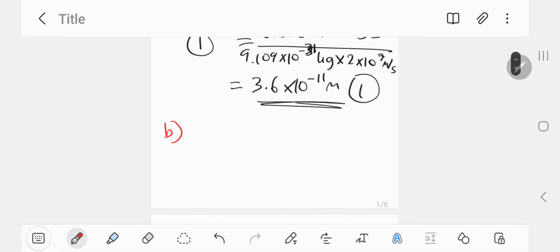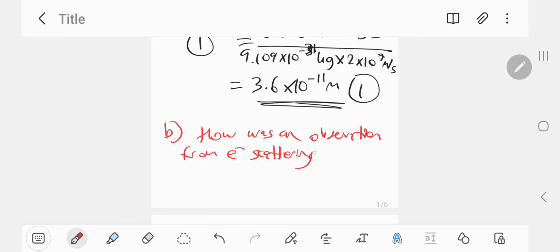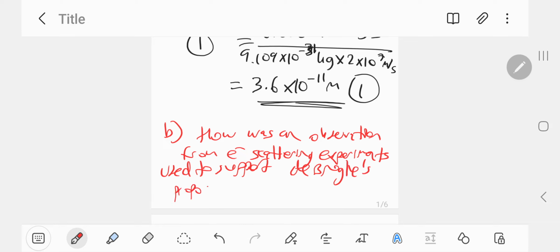Part B, how was an observation from electron scattering experiments used to support de Broglie's proposal of matter waves?